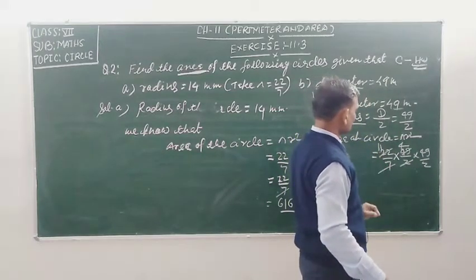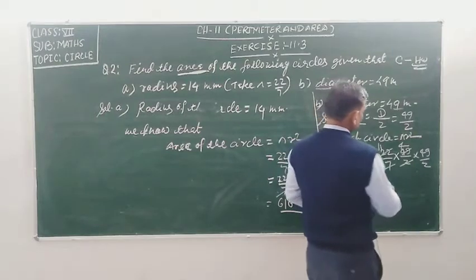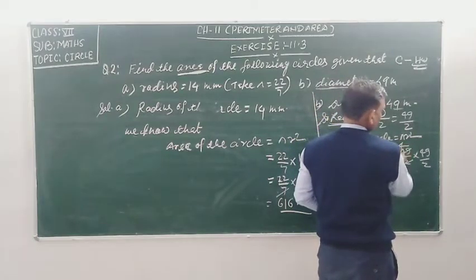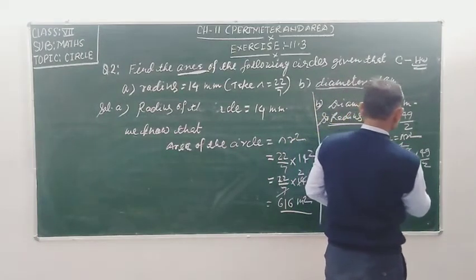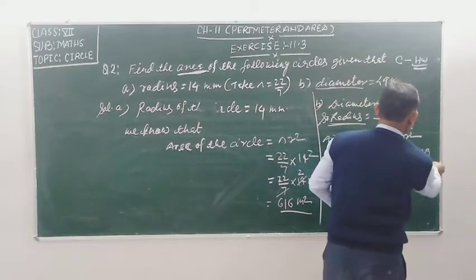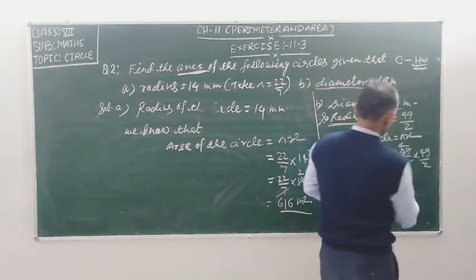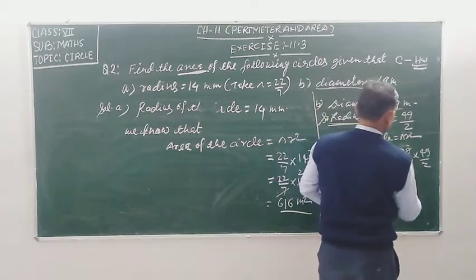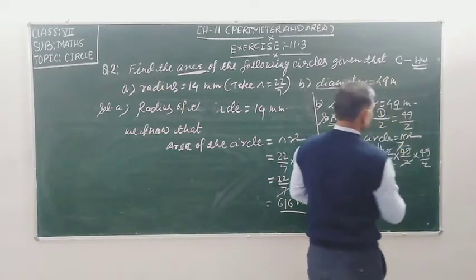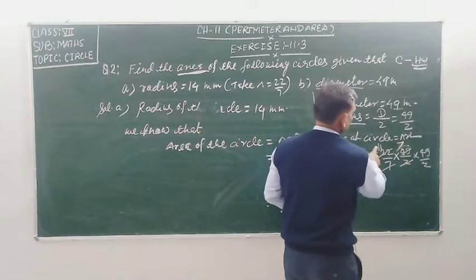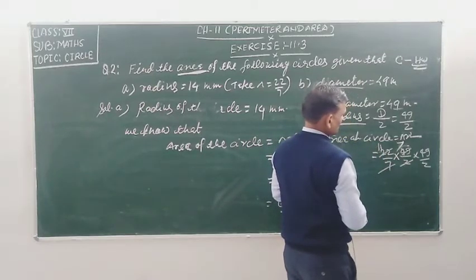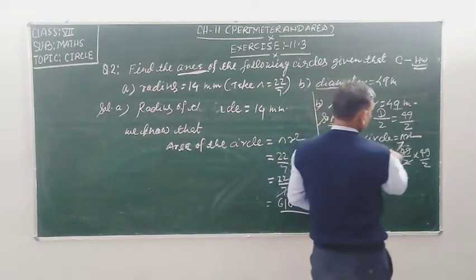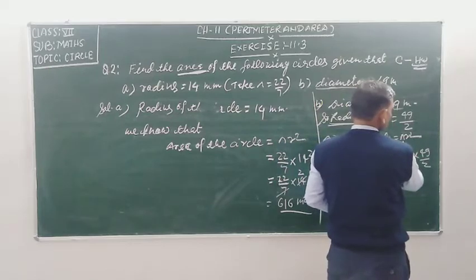So now multiply, student, 11 fours are 44. Sorry student, 7 sevens are 49 and 2 elevens are 22. Now multiply it, 11 sevens are 77 and 49.